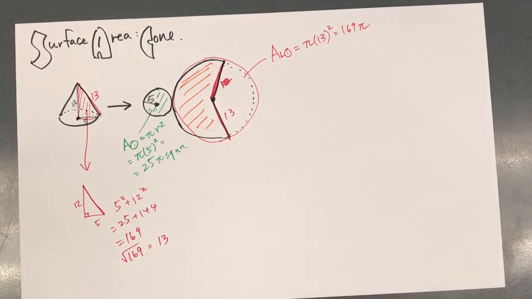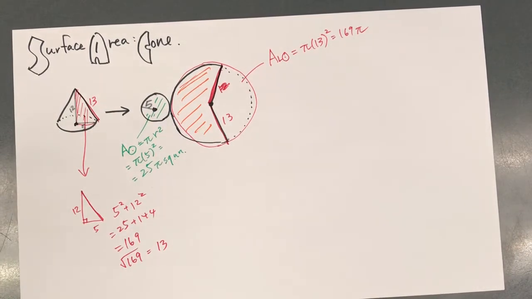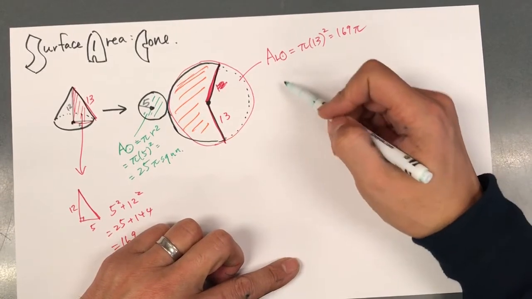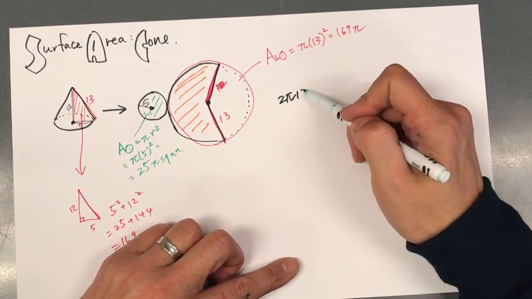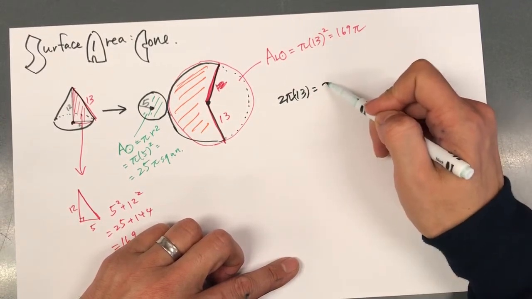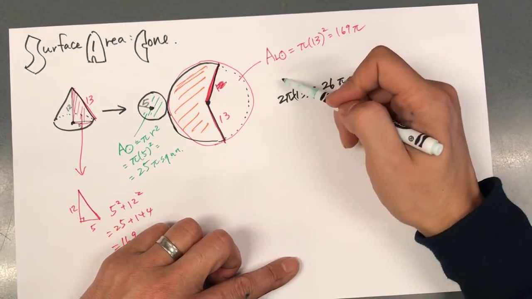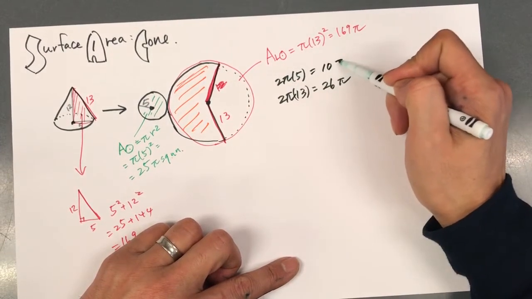If we compare the circumference of this big circle and this small circle, we're going to be able to get the ratio. The circumference of the large circle is 2 pi r, which with r equal to 13 is 26 pi. And the small one is 2 times pi times 5, which is 10 pi.